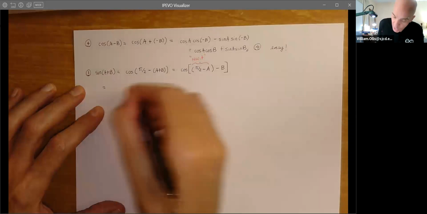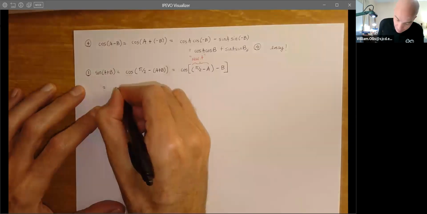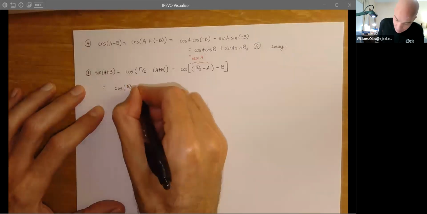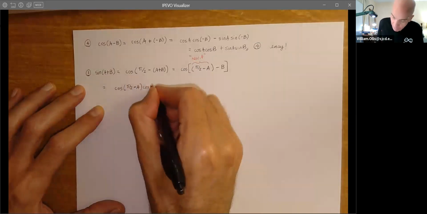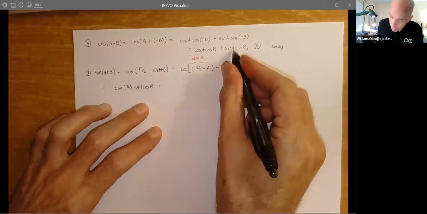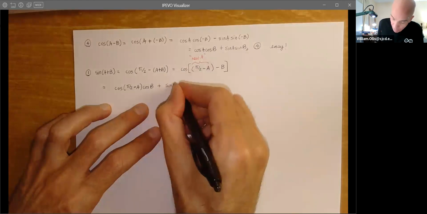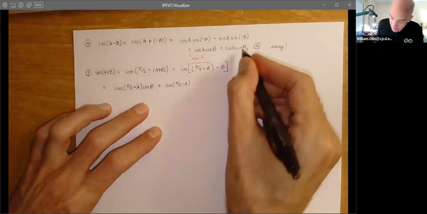Let's just apply the formula right here: cosine of pi over 2 minus A times cosine of B, then plus sine of the new A, so we have sine of pi over 2 minus A, and then sine B.